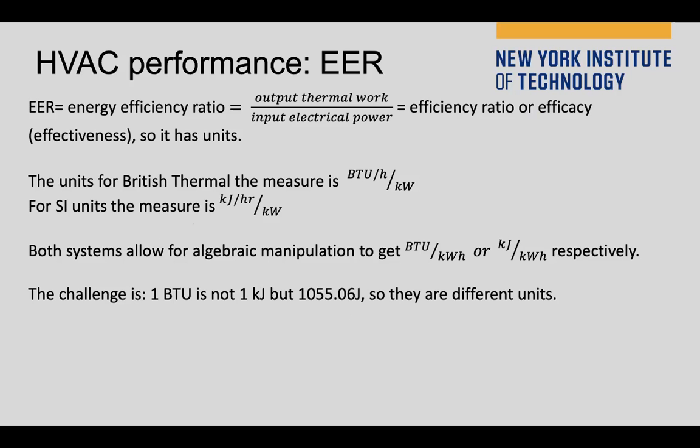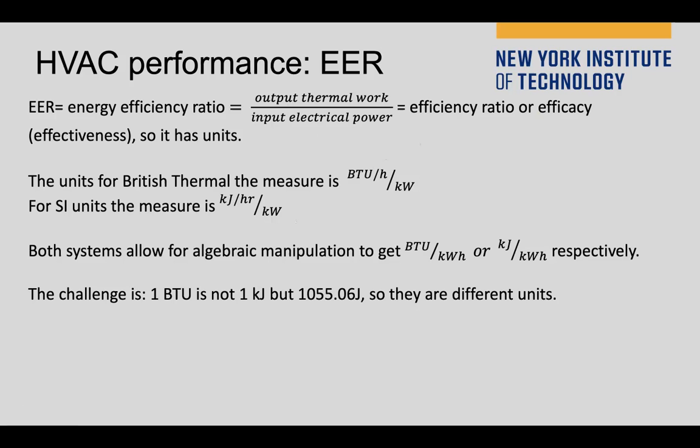For output thermal work, the SI unit is kilojoule per hour, and the input electrical power is kilowatt. This unit difference is exactly the variance between the COP and EER.